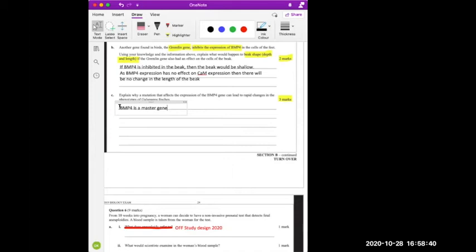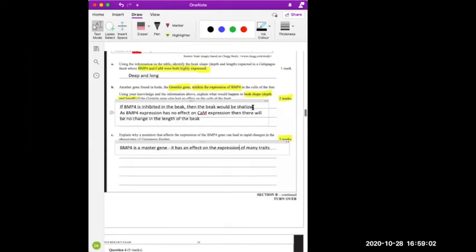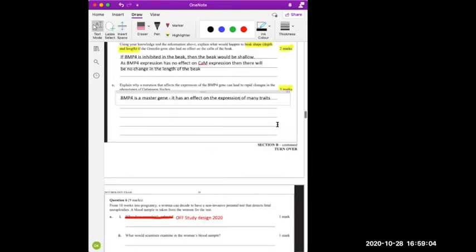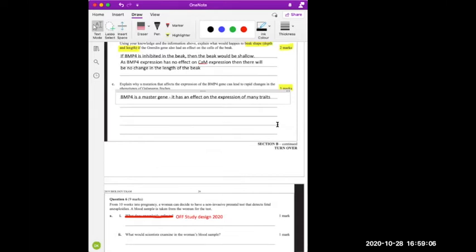Master gene means that it has an effect on the expression of many traits. It's not about the genotype, but the fact that when BMP4 is expressed, it can highly influence the phenotype of many different traits, not just beak depth, but also, like they mentioned, feet, and all of these other traits that you can see in birds, right?